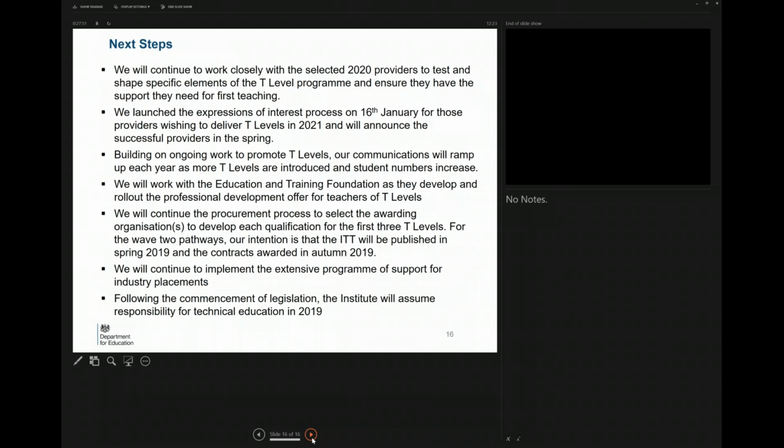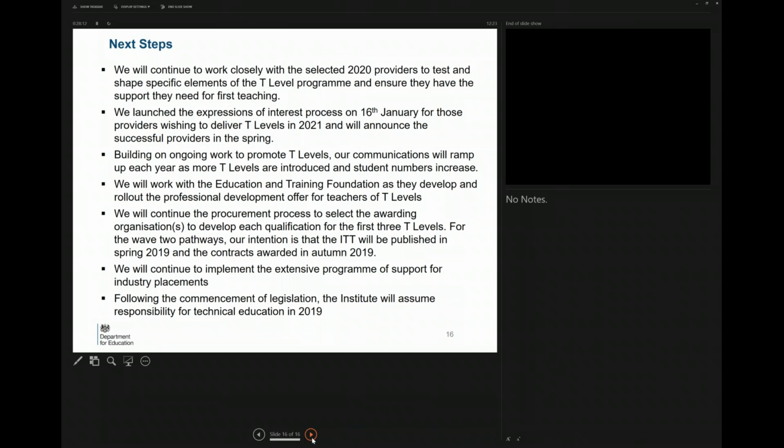So to sum up, in terms of next steps, 2019 is quite a busy year for us on T-levels. And so we're continuing to work really closely with our 2020 providers to test and shape the T-level programme and ensure that they have got really good support and so that they're ready for first teaching in September 2020.